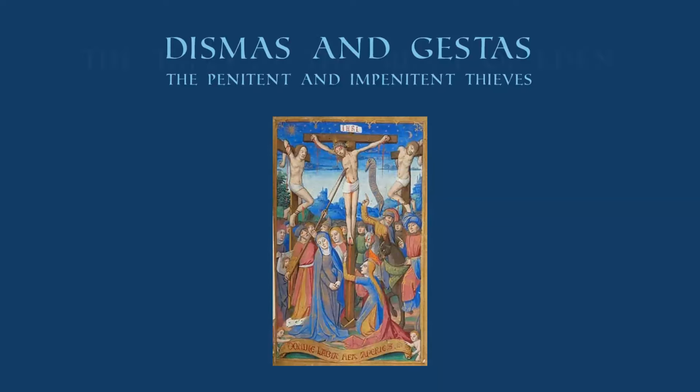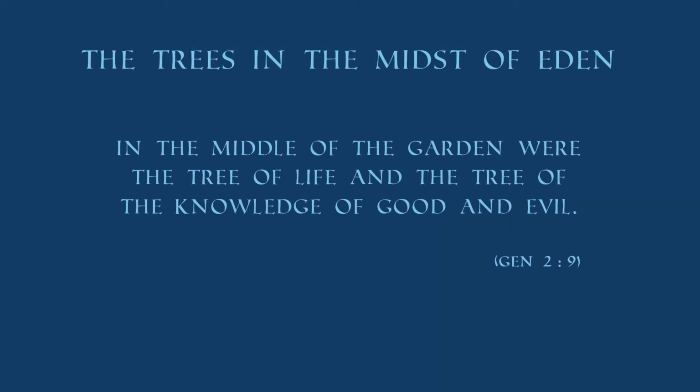Now, another part of this symbolism is of the two trees in the Garden of Eden, which can be said to be symbolized by the three crosses. In the middle of the garden were the tree of life and the tree of the knowledge of good and evil. So these two renowned trees are both in the middle of the Garden of Eden, and they're sometimes looked upon as being two different aspects of the one tree.